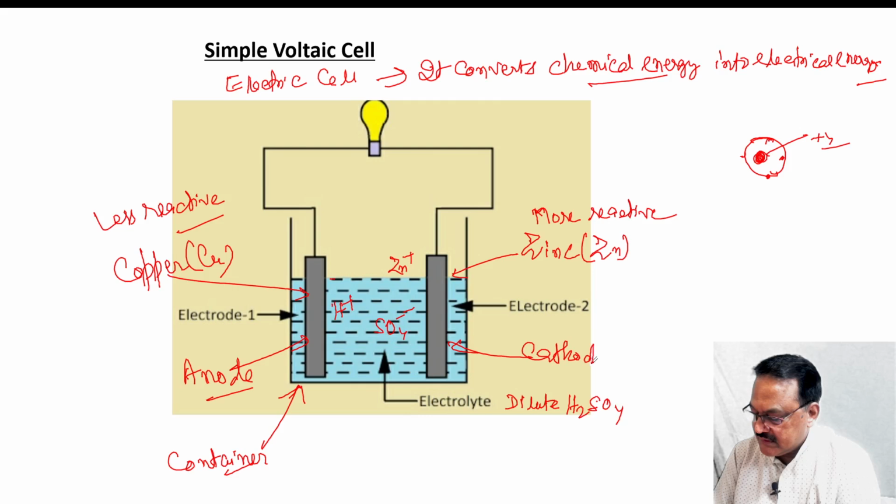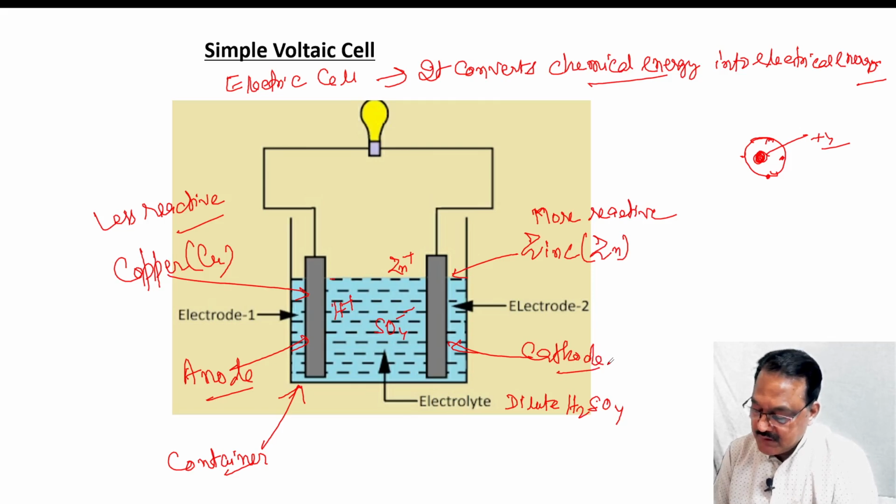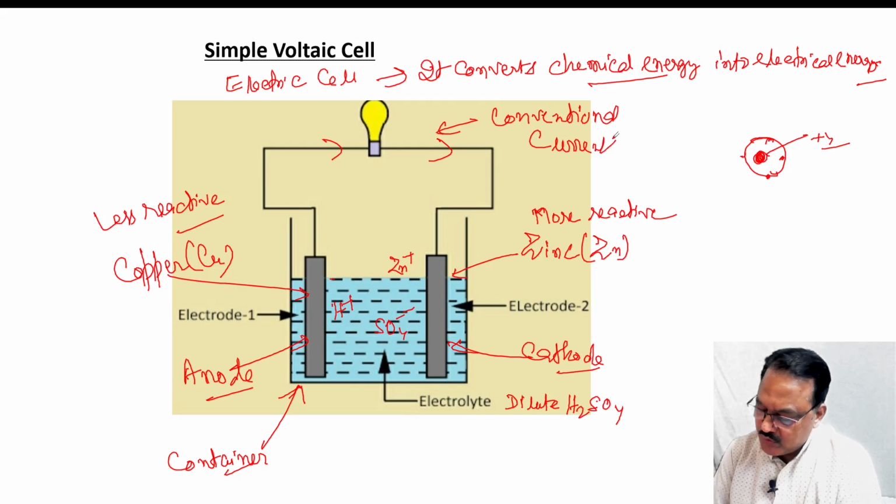For the outside, when a load is connected across these plates in the external circuit, current will flow from anode to cathode. Conventional current will flow in this direction, from positive to negative.